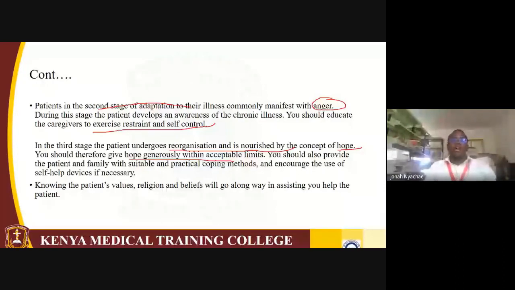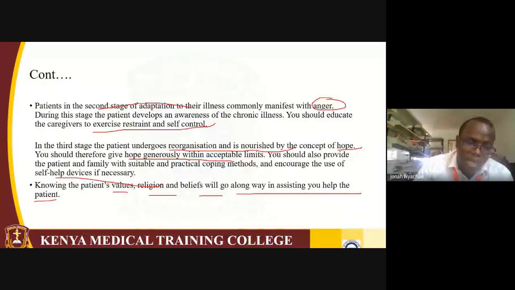You should also provide the patient and family suitable and practical coping methods and encourage the use of self-help devices if necessary. Knowing the patient's values, religion, and beliefs will go a long way in helping the patient. You can just facilitate matters of values and religion, but it is not your role.